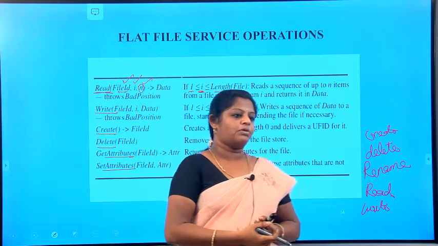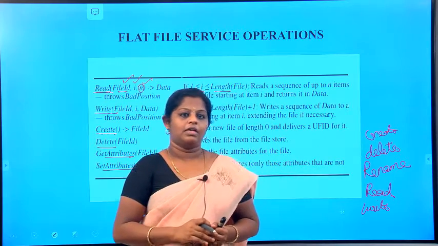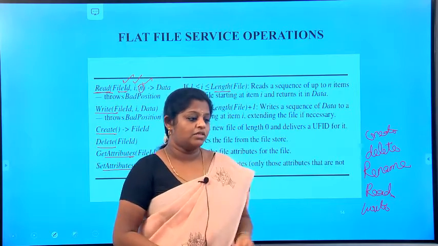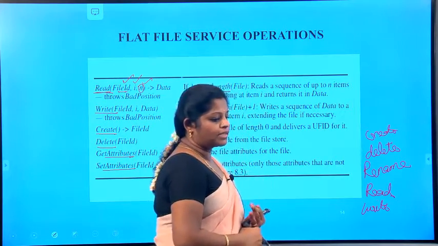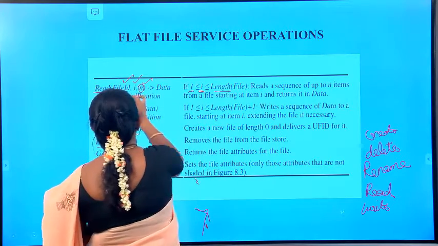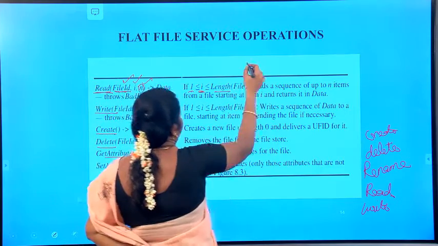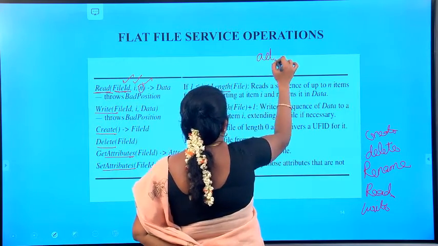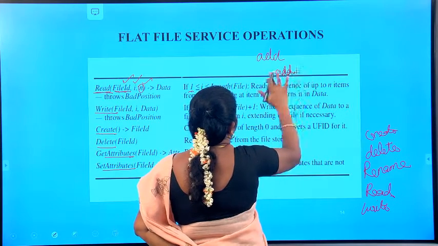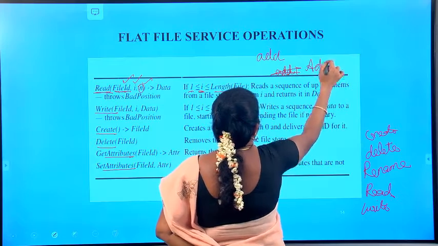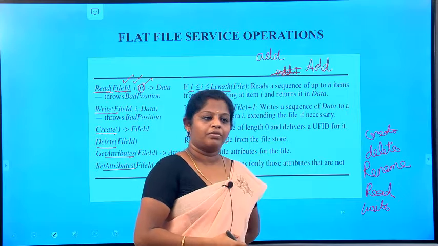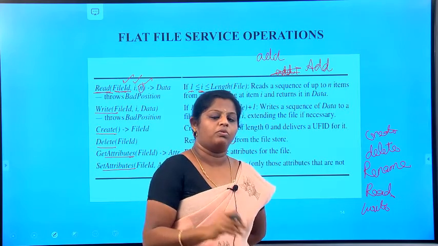Suppose the file ID is invalid. That means the file is not present in the server processing the request, or the access permissions are inappropriate for the particular operation. If my file name is a, and instead of that I give a1, or I give capital A instead of small a, what will be the response?